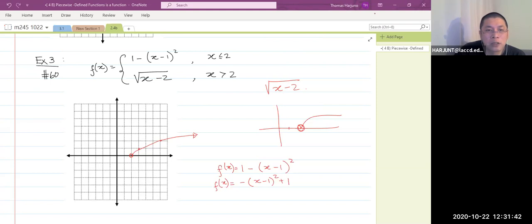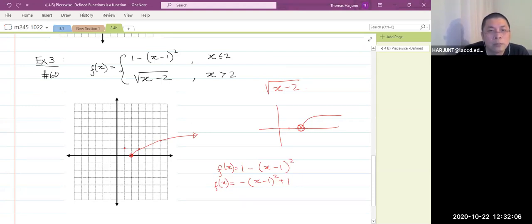So the vertex is (1, 1). Does it open up or down? Opens down, right? The leading coefficient is negative 1, so basically we flip it upside down. From here, I move right 1 unit, go down 1.